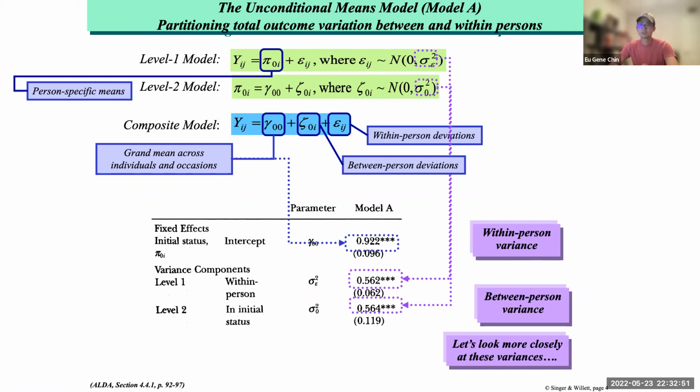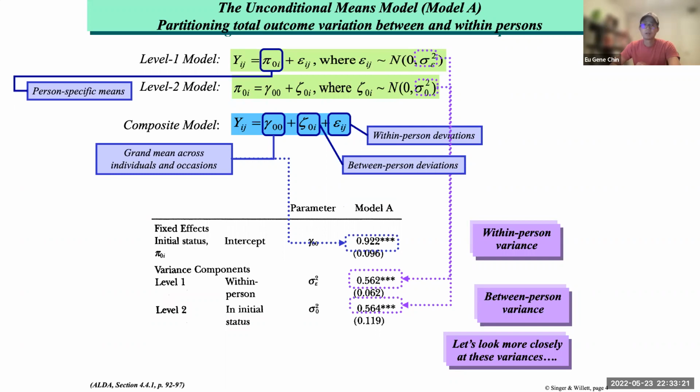With the unconditional means model, we're stipulating that at level 1, the true individual change trajectory for person i is completely flat, and it is sitting at an elevation of pi subscript 0i. That means the trajectory has no slope. There's no slope parameter associated with any type of temporal predictor, so it can't tilt. So it's basically a flat line.